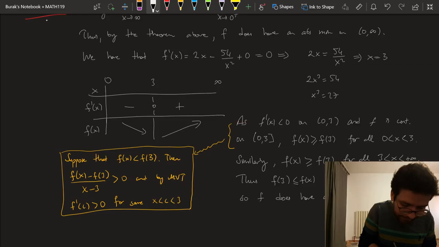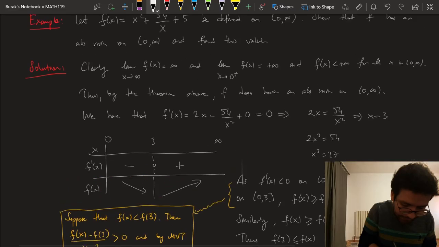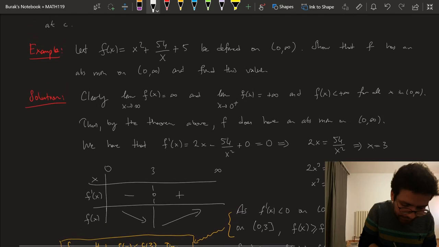Now, one thing that I want to mention: the question is to show that f has an absolute minimum and then find this value. I pretended as if this question has two parts. First show that it's an absolute minimum, then find it. I could have simply done the second one. If I prove that this point is the absolute minimum, it will automatically show that it exists.